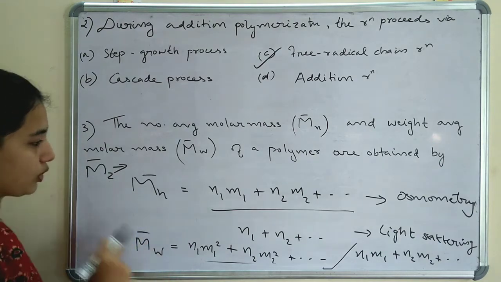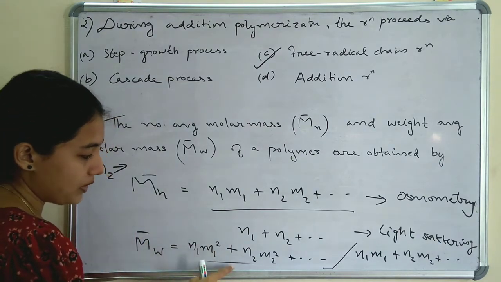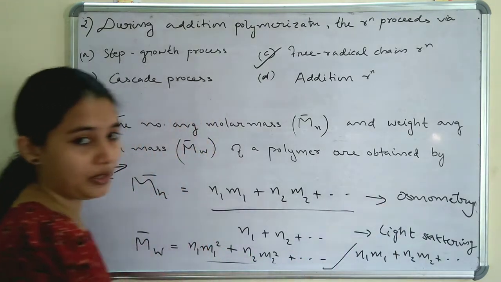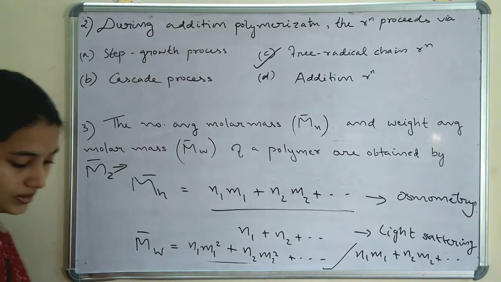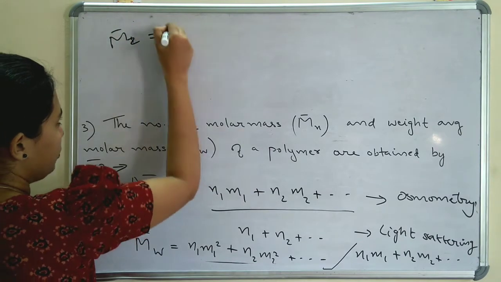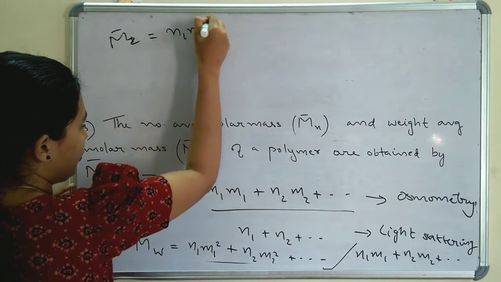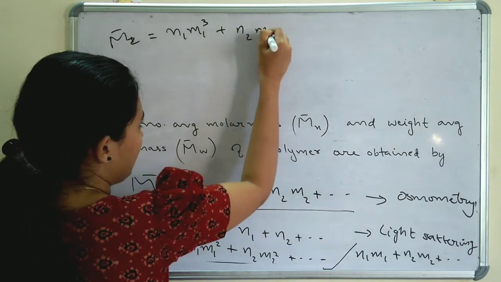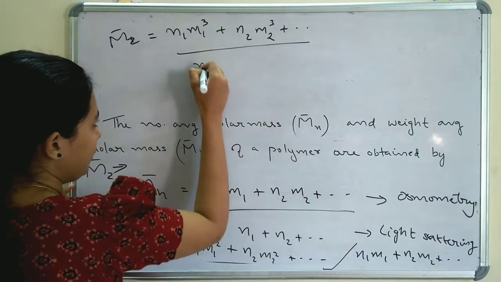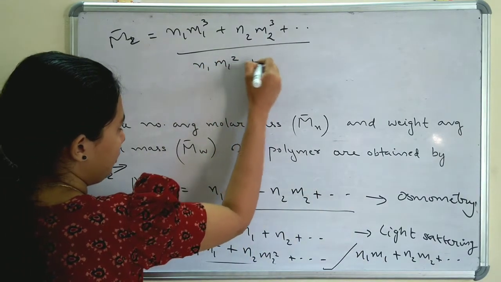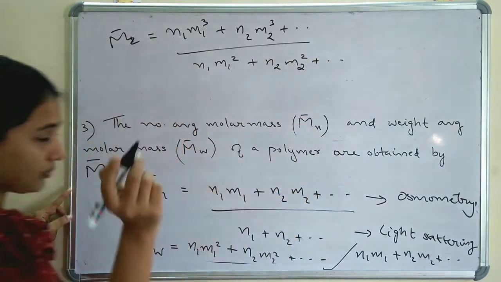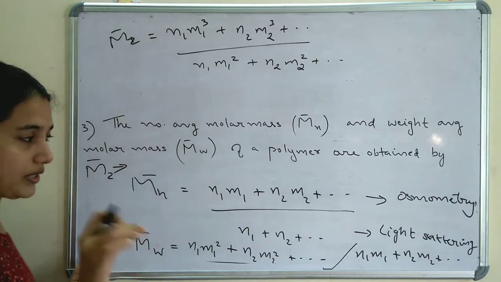So M bar z is equal to n1 m1 cube plus n2 m2 cube plus etc. divided by n1 m1 square plus n2 m2 square plus etc. So this is Z average molar mass determination.